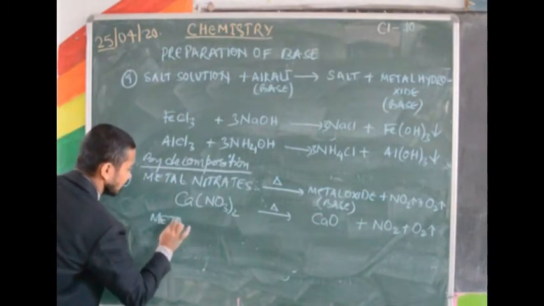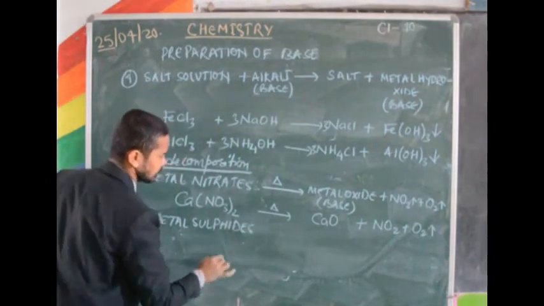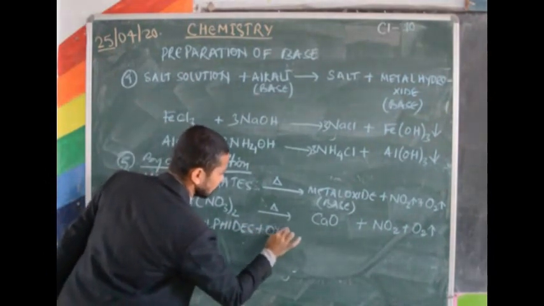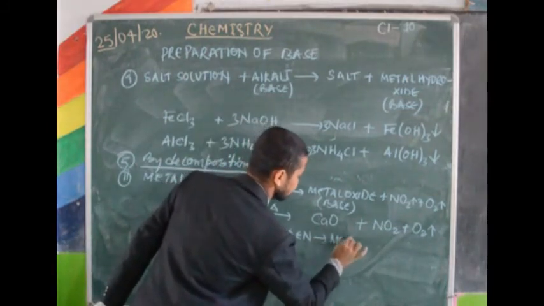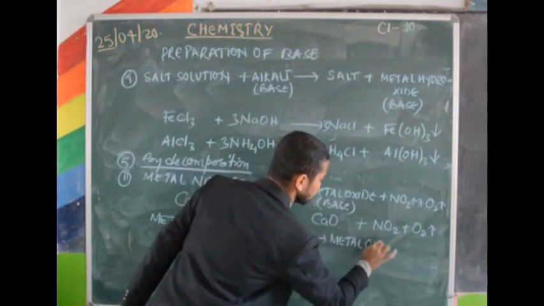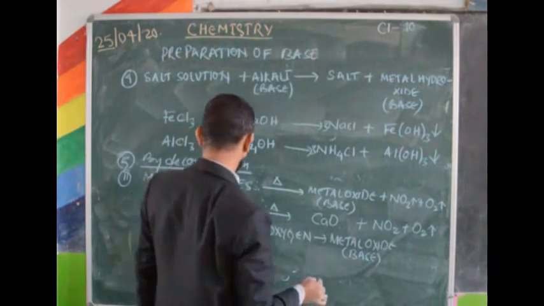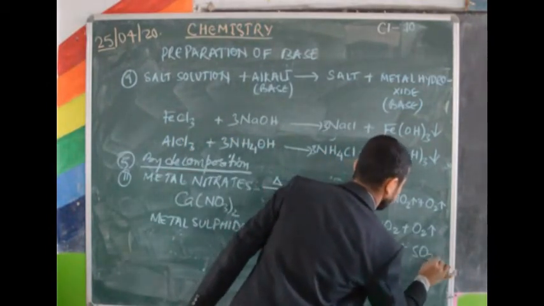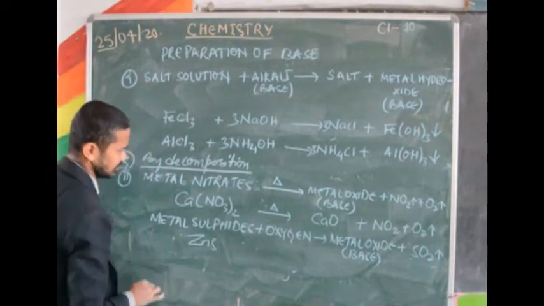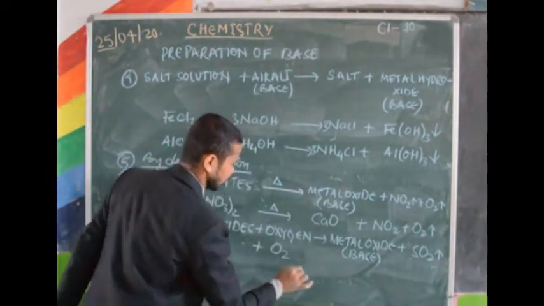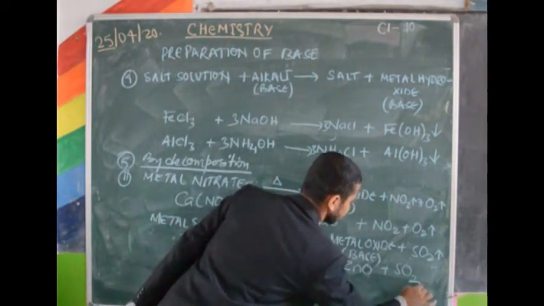Number 6. Now some of the sulfides also. Metal sulfides plus oxygen also give metal oxide, that is a base, plus sulfur dioxide gas. So metal sulfide, zinc sulfide plus oxygen can give zinc oxide plus sulfur dioxide.